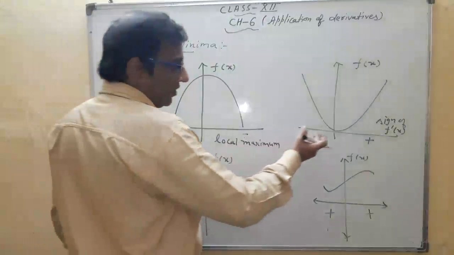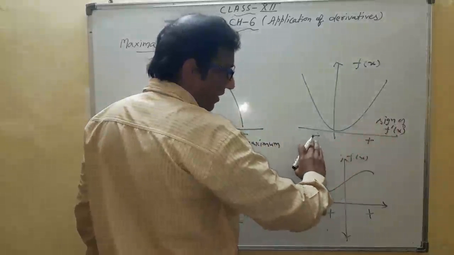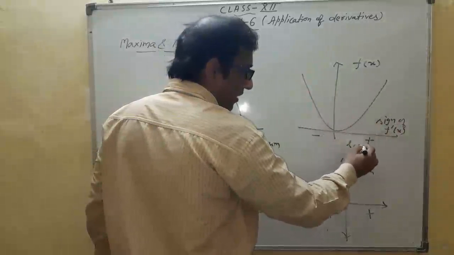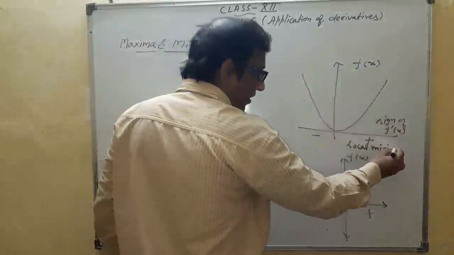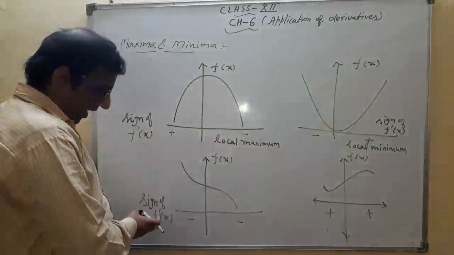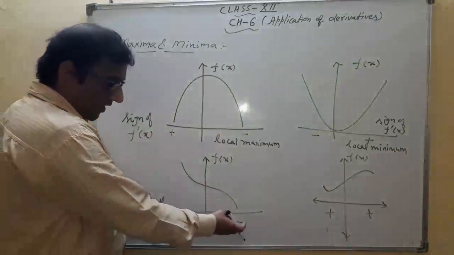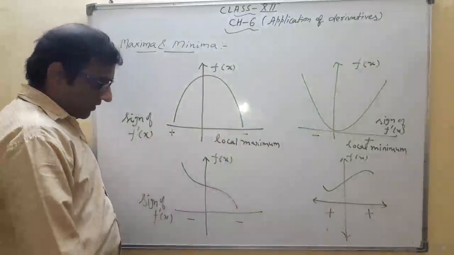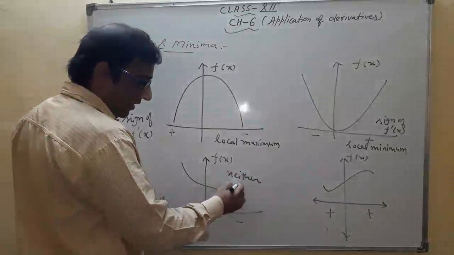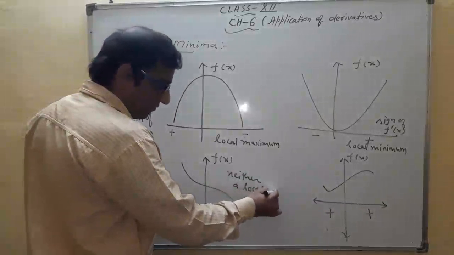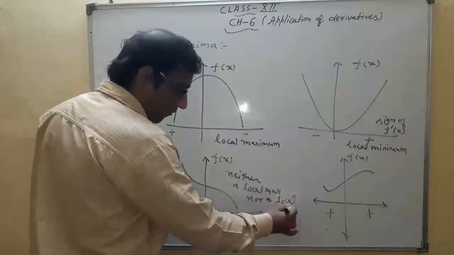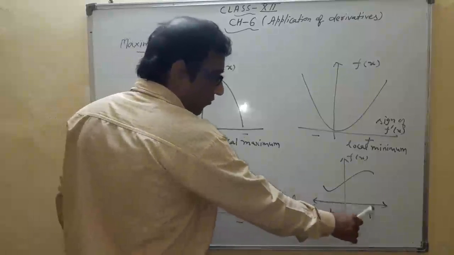And when the sign of f dash x is negative to positive, that type of graph is related with local minima, right? And whenever the sign of f dash x is minus to minus for a point x equals c, in that case we can say the given function is neither a local maximum nor a local minimum. Same in the case of positive to positive.